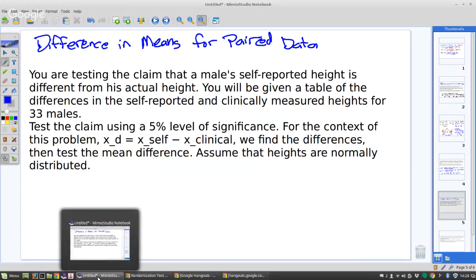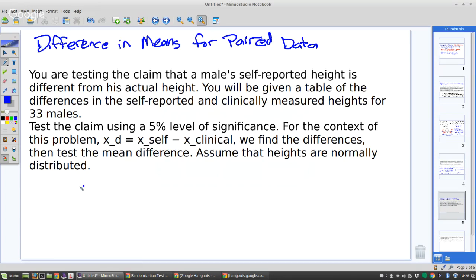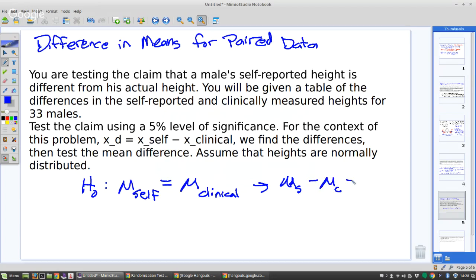So for this one right here, the null hypothesis is that mu for the self is equal to mu for the clinical measurements. The alternative is that mu self, let's just call it mu s, minus mu clinical is not 0. Right, so I had to set that null hypothesis in StatKey.